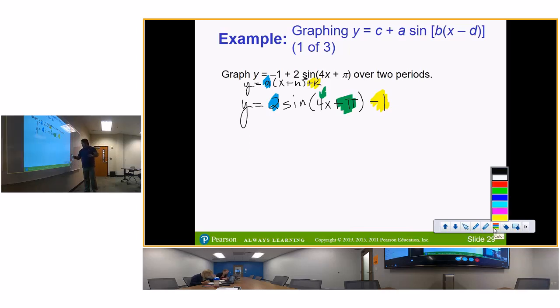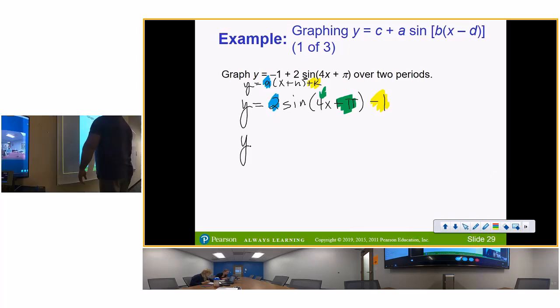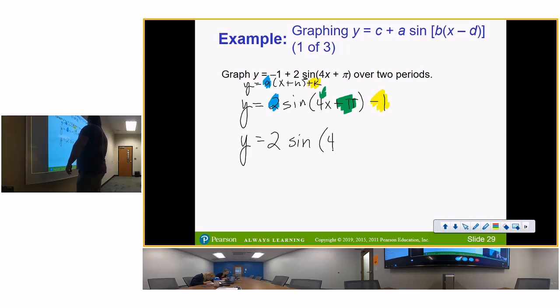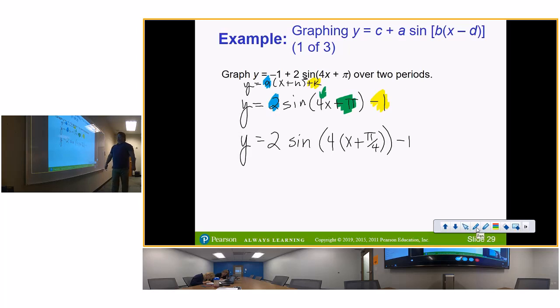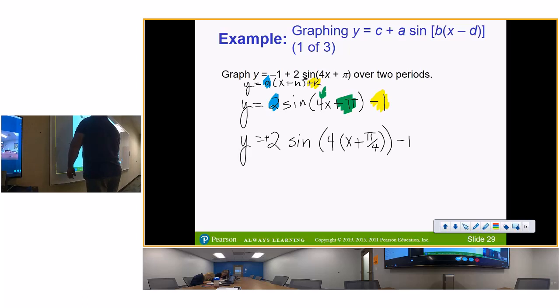I've got to factor out a 4. So y equals 2 times the sine of 4 times x plus pi over 4, minus 1. Now let's write down what we have. We've got a positive 2, which means normal parent graph.